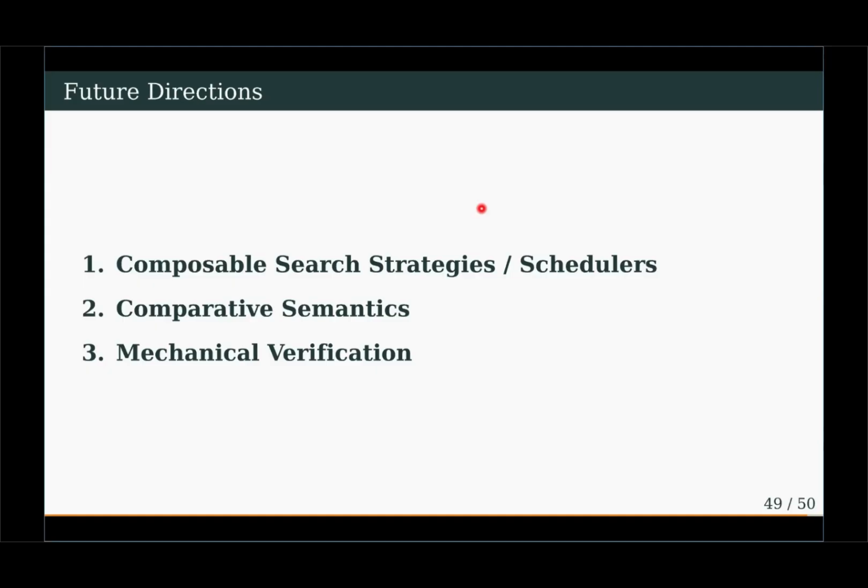And finally, mechanical verification: proving some of these properties in Rocq or Lean, with our newfound knowledge of Lean, could be nice. What you might end up with is a unified framework for interleaving search where you can compare different strategies, and visualization on top of all these things for those different strategies.